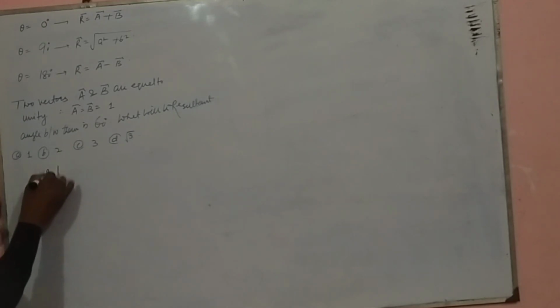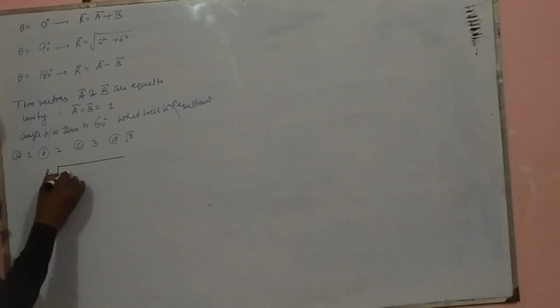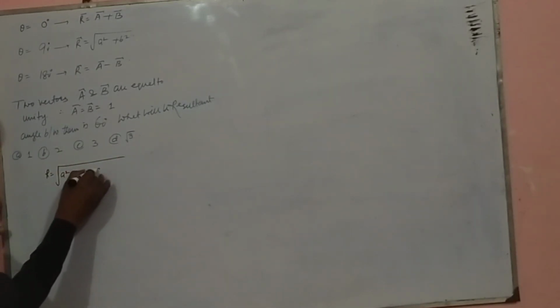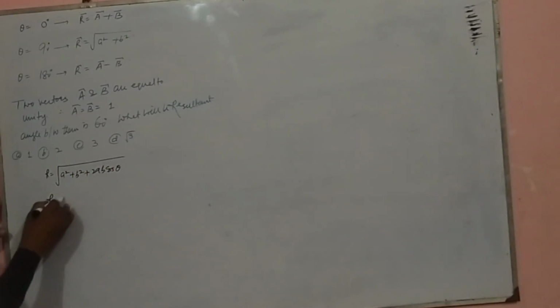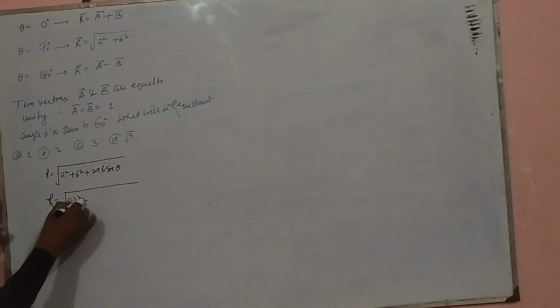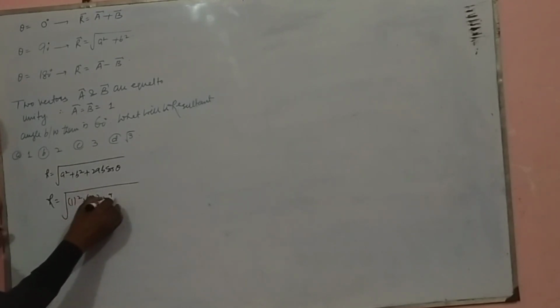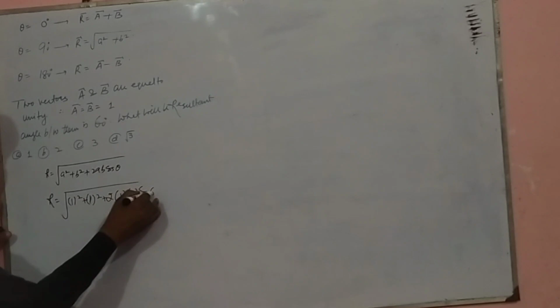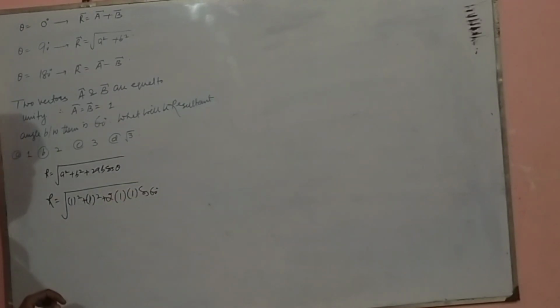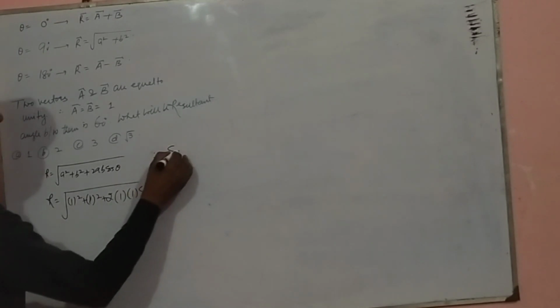Let us solve. The resultant R is equal to the square root of a square plus b square plus 2ab cos of angle theta. What is a? A is equal to 1, b is also equal to 1, and this is 2, and cos 60 degree. What is cos 60? Cos 60 is equal to 1 over 2.